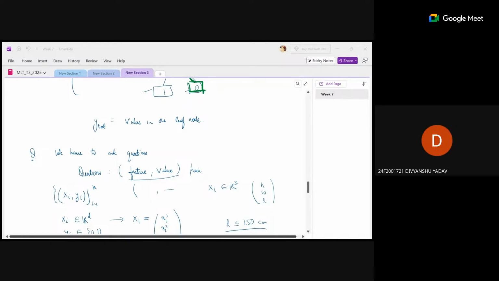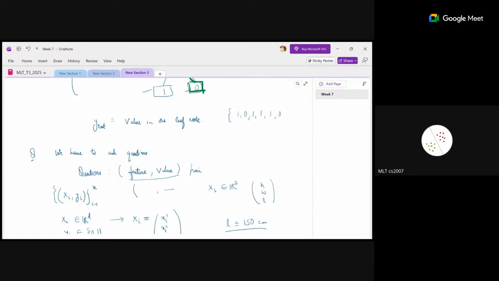Ma'am, will we calculate probability for entropy, or will probability be given? That will again depend on how your data set looks. Let's see. If the labels of my data set look like this: 1 0 1 1 0 0.